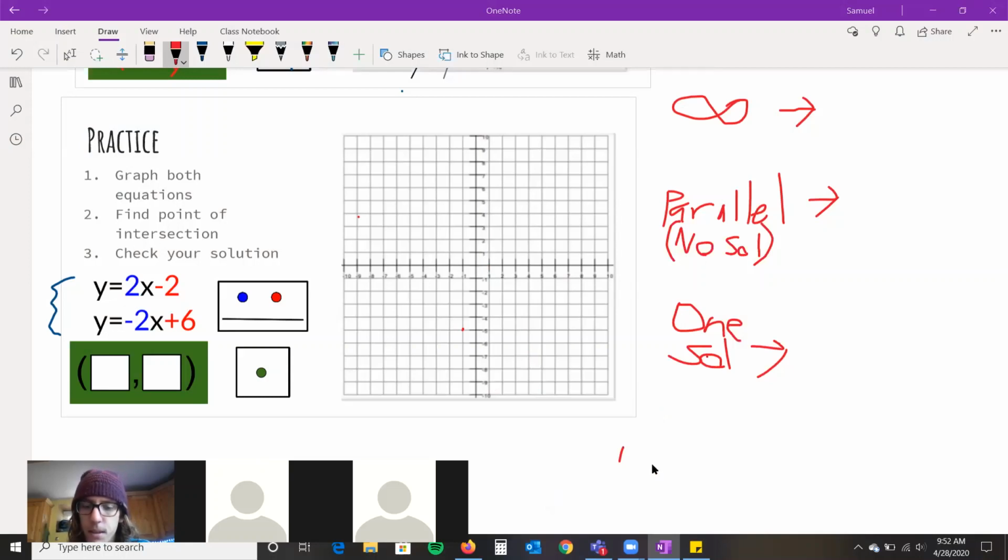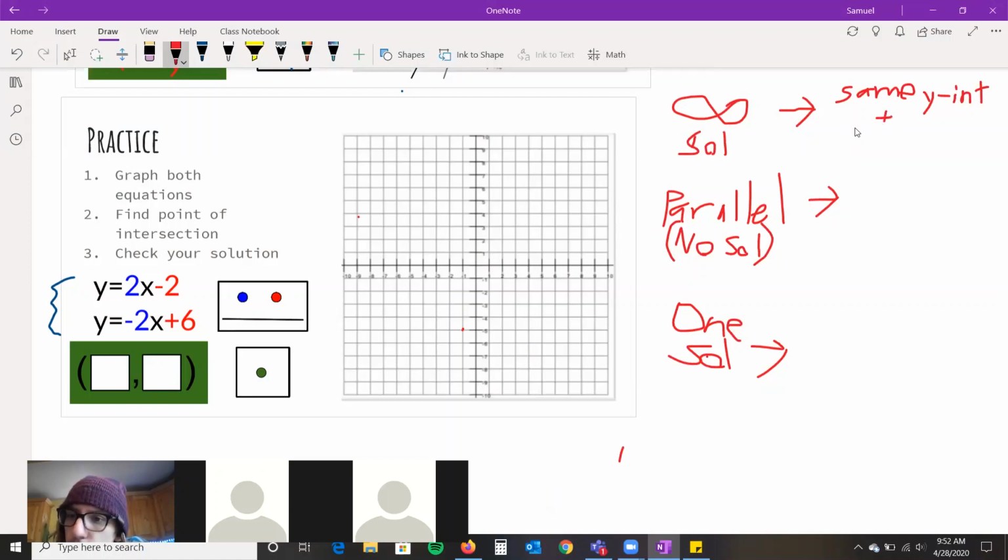All right. Well, okay. If it's infinitely many solutions, guys, it's going to be the same y-intercept. And again, sorry for the bad handwriting. Same y-intercept.